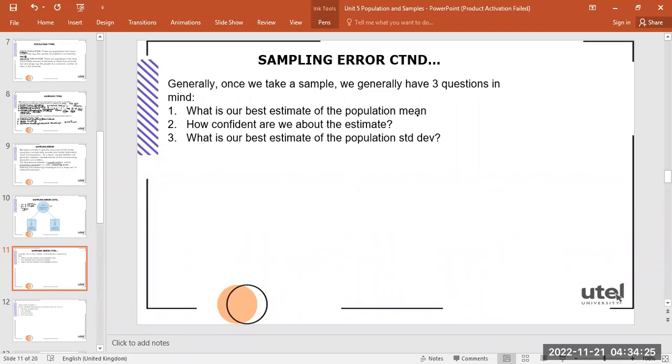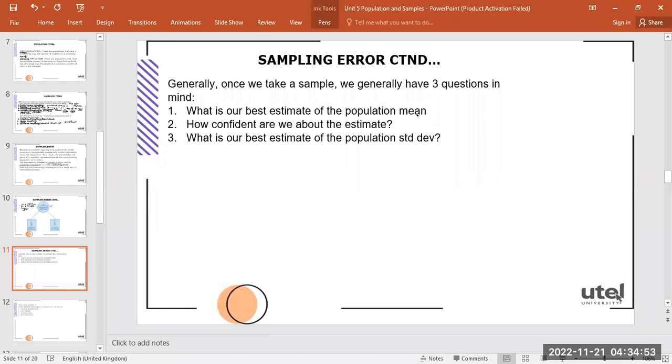So we want to see what is our best estimate of the population mean. The second question is, having gotten our population mean, we also want to know how confident are we about this estimate, whether this estimate is a true or a fair representation of our population mean. And then the third question is, what is our best estimate of the population standard deviation?